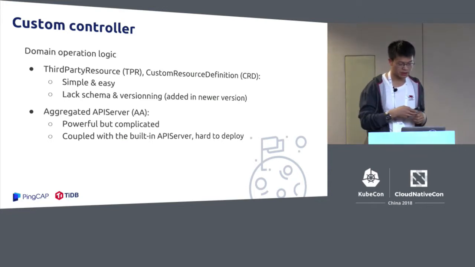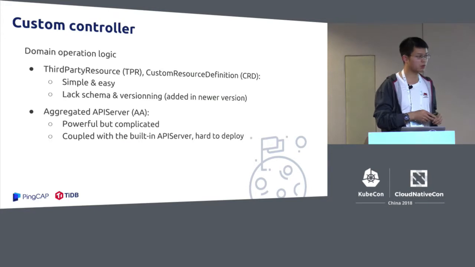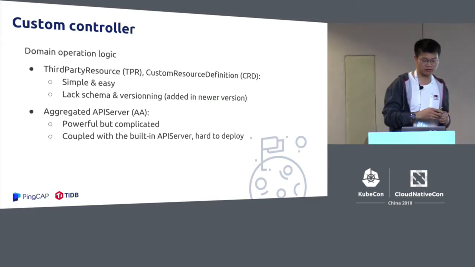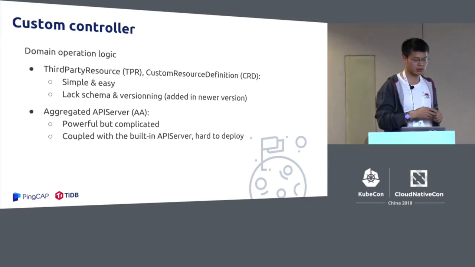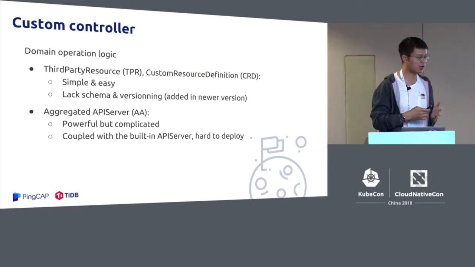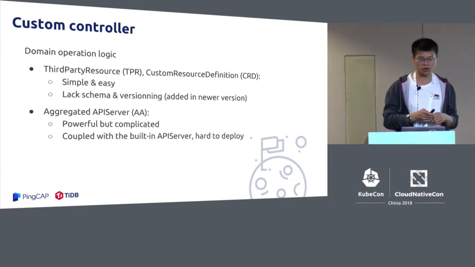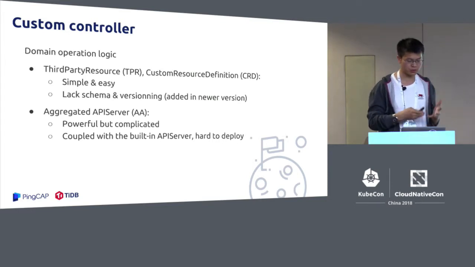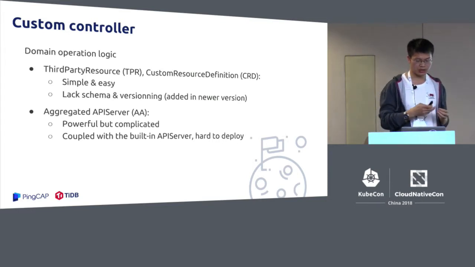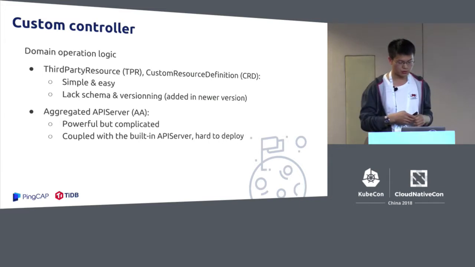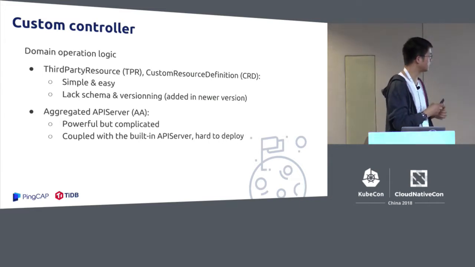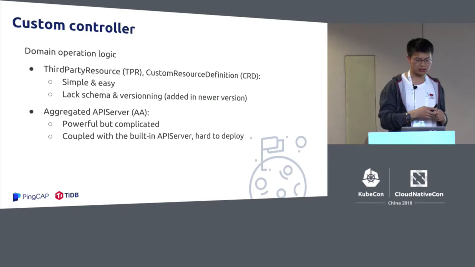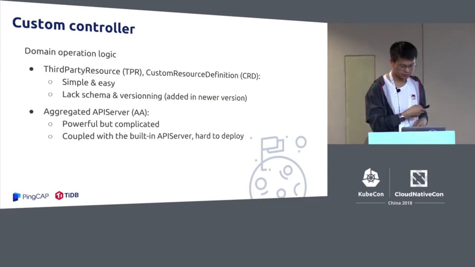It's complicated, but much more powerful. In fact, we implemented an aggregated API server for the TiDB Operator, but we found that it is too hard to deploy. It has to change the built-in API server's arguments, which is nearly impossible in public managed Kubernetes engines.